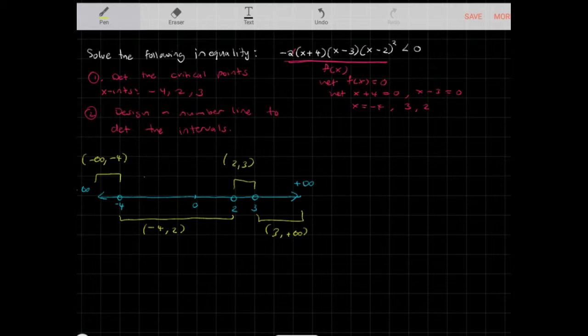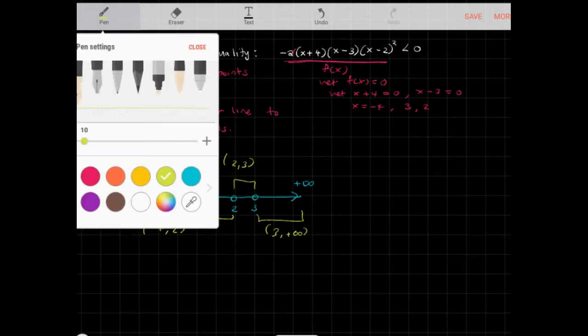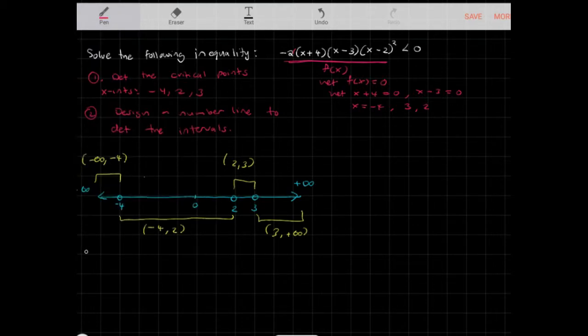So now we have 4 intervals, and after you create your intervals, the third step here is designing a table of intervals to test which of these intervals, which values of x will cause the expression to be less than 0. So to do that, I'm just going to design a table of values of intervals.